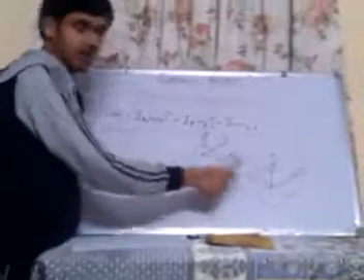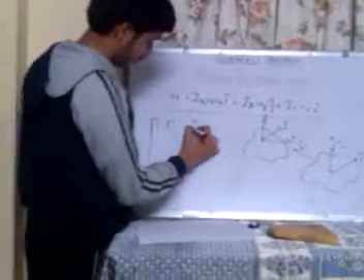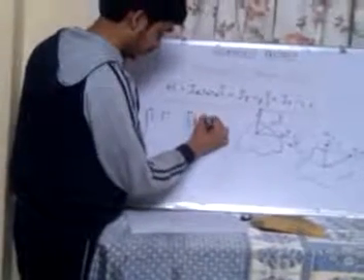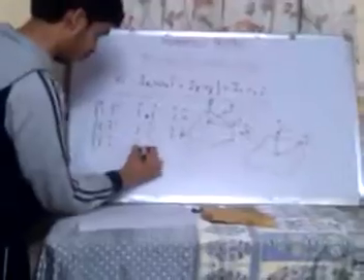Now if we want to write the new moment of inertia, if we want to write the angular momentum along these axes, the new moment of inertia matrix will be given by the rotation matrix into our previous inertial matrix.